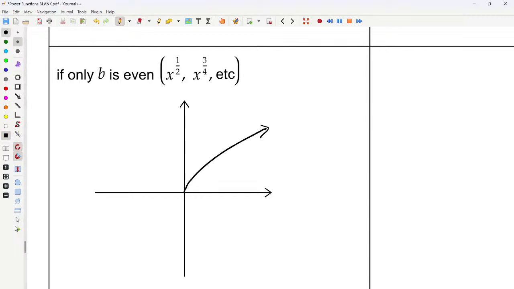Boom. Turns out if you have a square root or a 4th root or a 6th root, an even root, which means you have an even denominator, they're all going to look something like that. Not identical, but that's good enough. Cool. So that's not really a new graph. I guess I didn't lie to you. You already knew one of these.